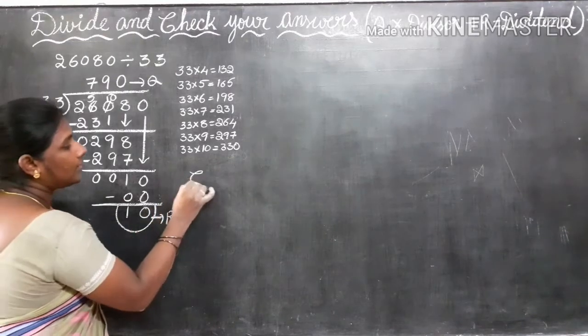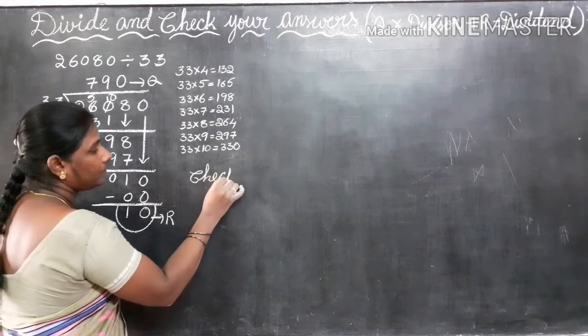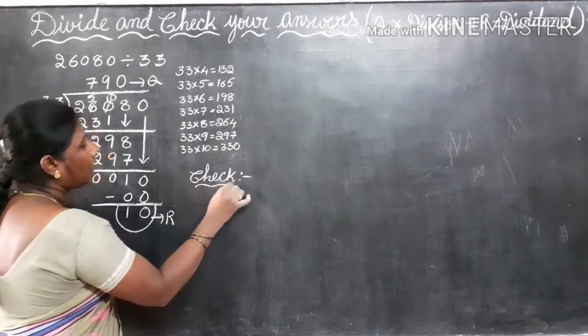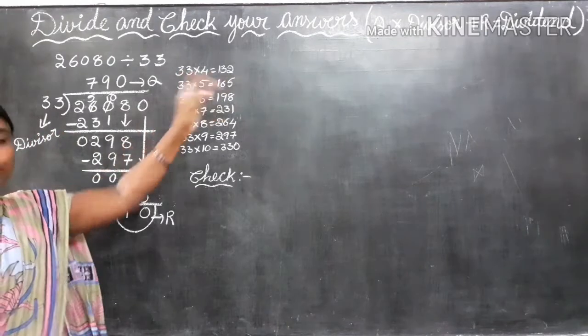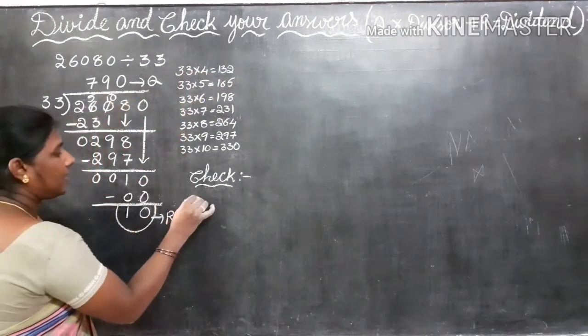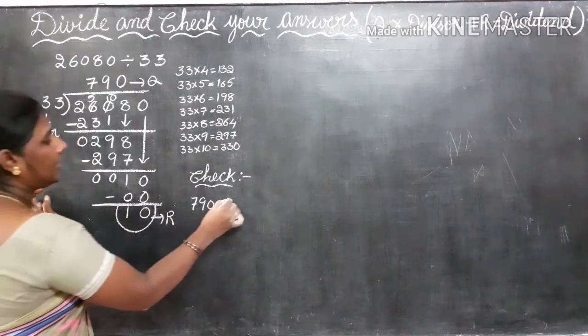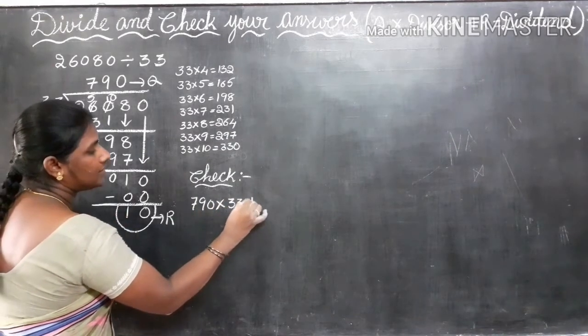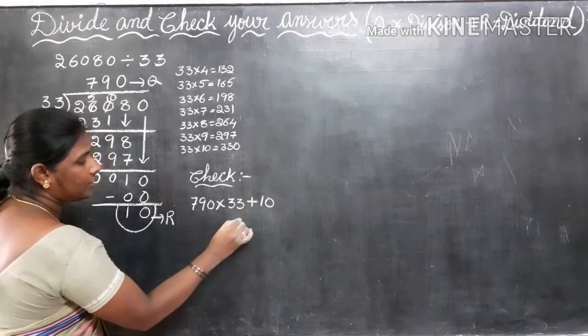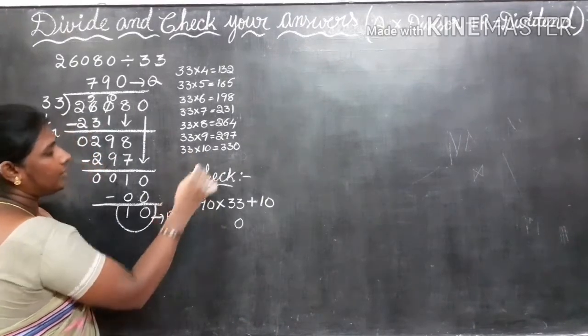Now we have to do the check. How? Quotient into divisor. Here quotient 790 into divisor 33 plus 10. 33 0 0. 33 nines are 297.